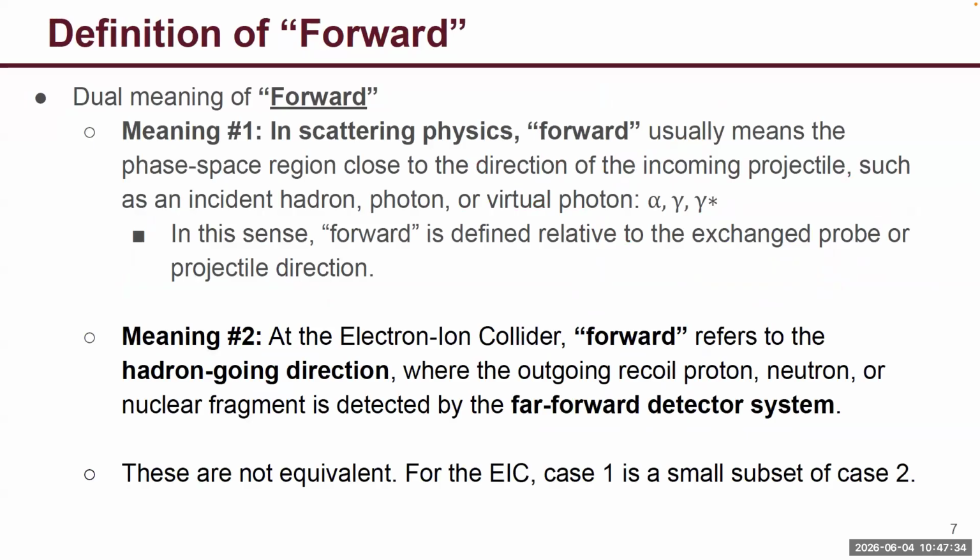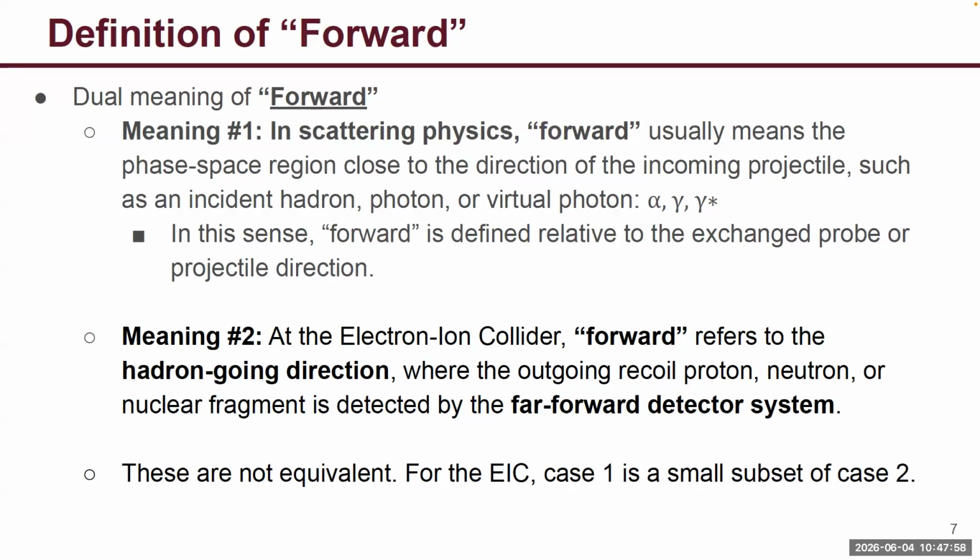But in the EIC, it's not quite so. In the EIC context, there is a dual meaning of the word forward. I will get into why very soon. We just talked about what forward means in the scattering experiment.